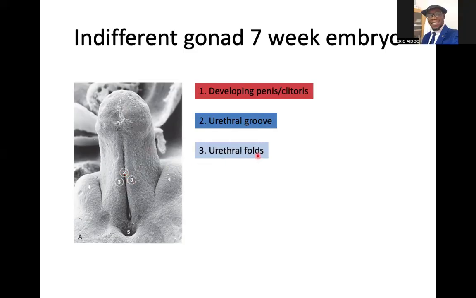The urethral folds, number 3. So this is the fold that will join eventually to form the spongy portion, and then therefore you have the urethra within it, because this tube will now be found within, whilst the folds merge.